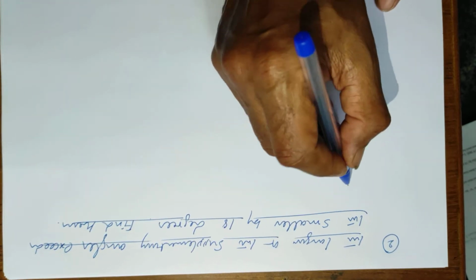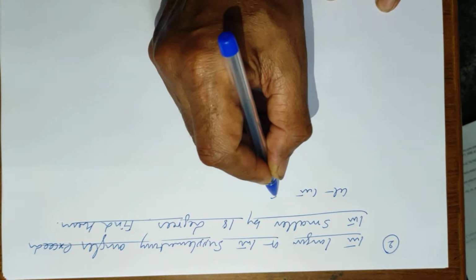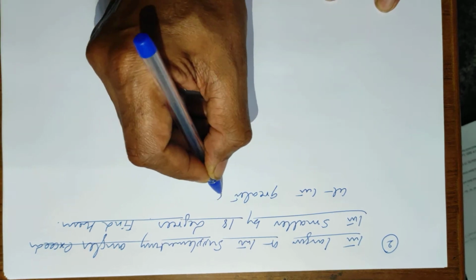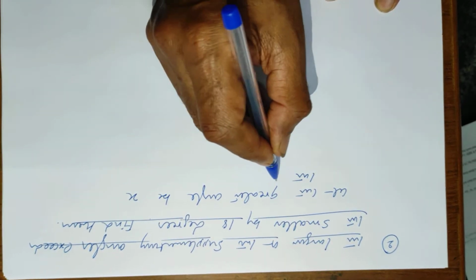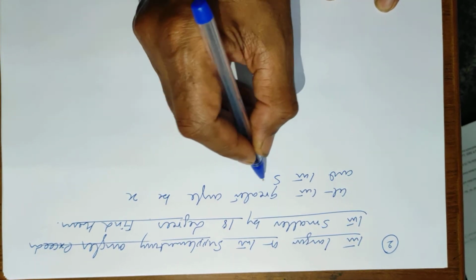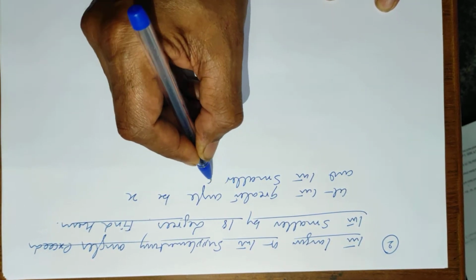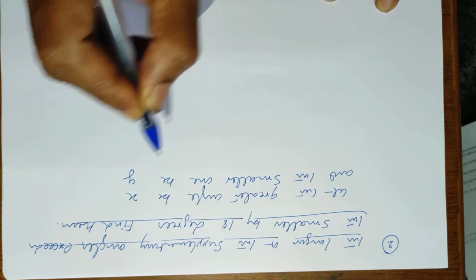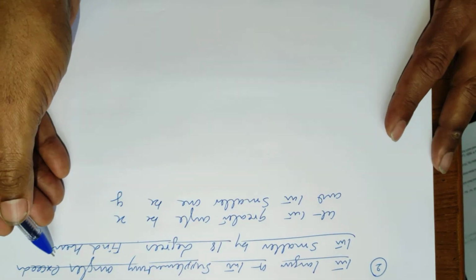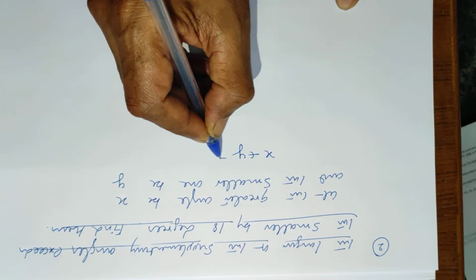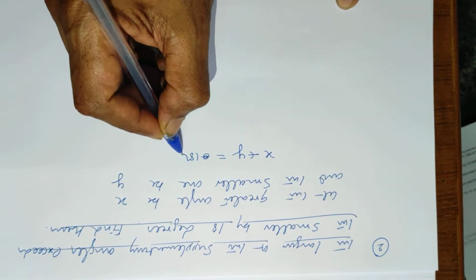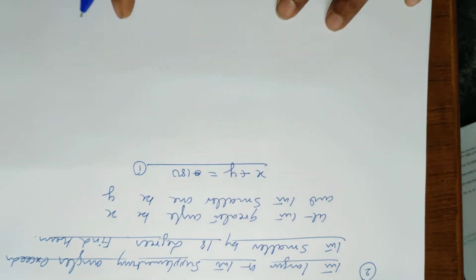So let the greater angle be X and the smaller one be Y. It's given that they are supplementary angles. Therefore, X plus Y is equal to 180. So one relation.